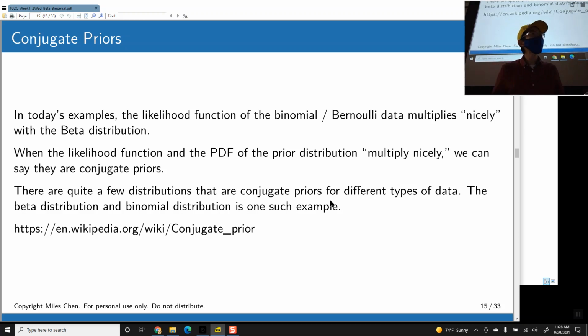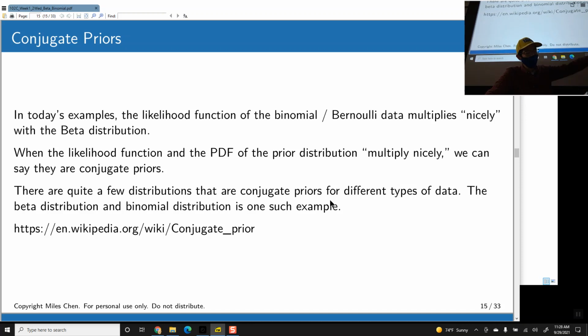You're going to hear this term, conjugate priors, especially in Bayesian statistics. This just means that the likelihood and the prior distribution have similar forms, so when you multiply them together, they combine nicely, and the resulting distribution is of the same form as the prior.